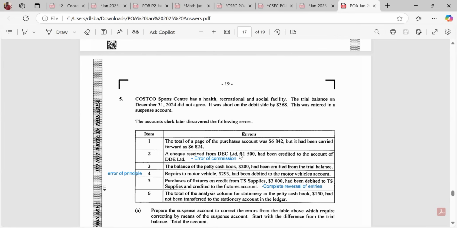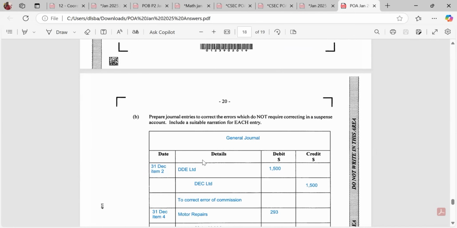To take it out of DDE's credit side, what will we do? Debit, correct. So you debit DDE and then you credit the DEC where it was supposed to be, right? Which is what we did here. Debit DDE Limited, credit the DEC Limited, and then in the narration I put, to correct error of commission. Just to let the examiner know, hey, I know there's an error of commission, right?